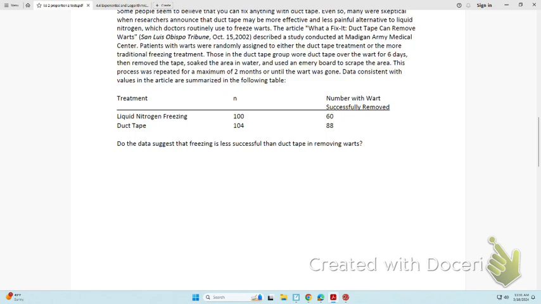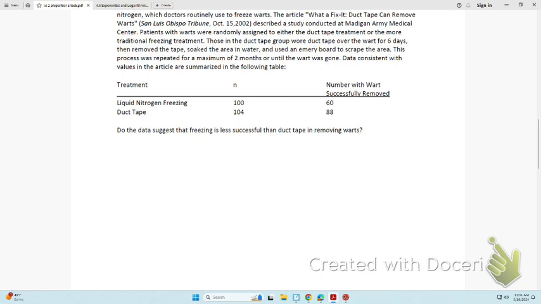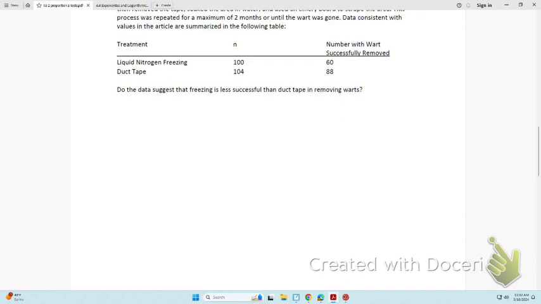So they're doing two randomly assigned groups, and they're going to figure out which method is better. The method of duct tape looks pretty horrific. Something to note right here before I scroll past it is they were randomly assigned to the groups, but they were not random samples. It never says that. So they probably self-selected themselves.